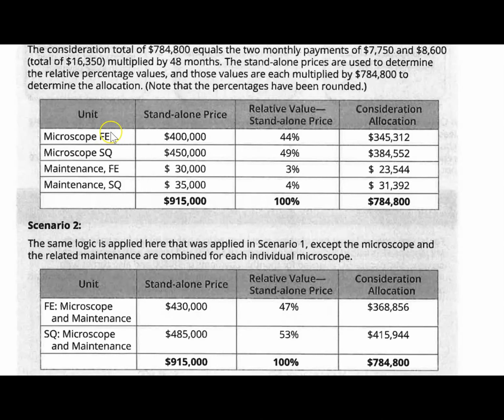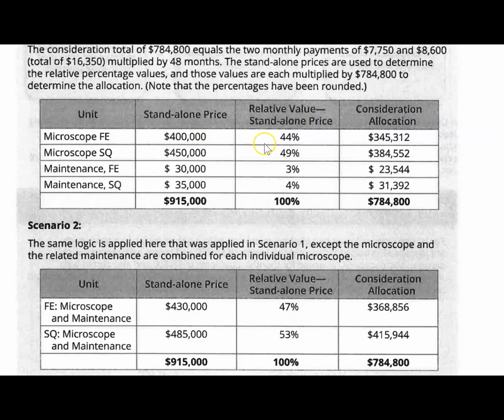So now here, you know from other sources, these are the standalone prices. You already learned how to do this allocation, and you can calculate the percentage. For example, microscope FE standalone price is 400,000 and the total standalone price is 915,000, so it is 44% of the total standalone price. So first step, you calculate the percentage, and then based on this percentage, you allocate to each component.